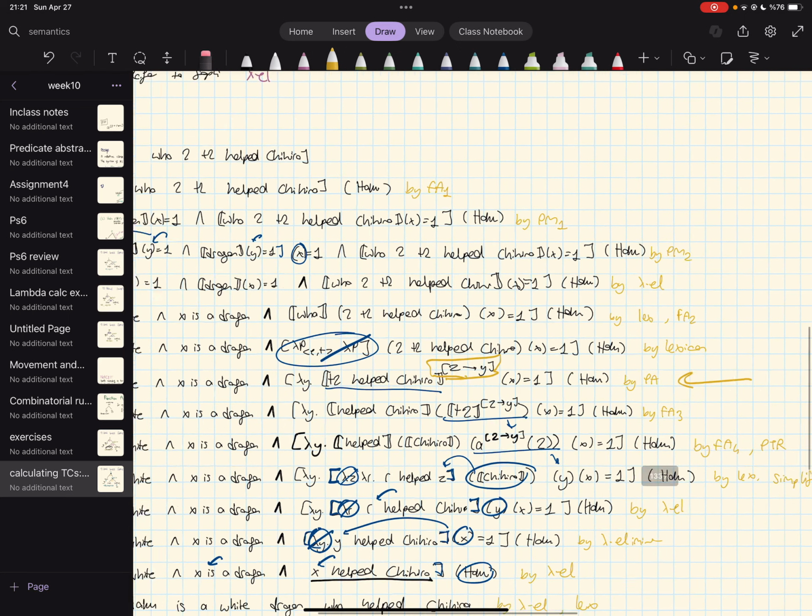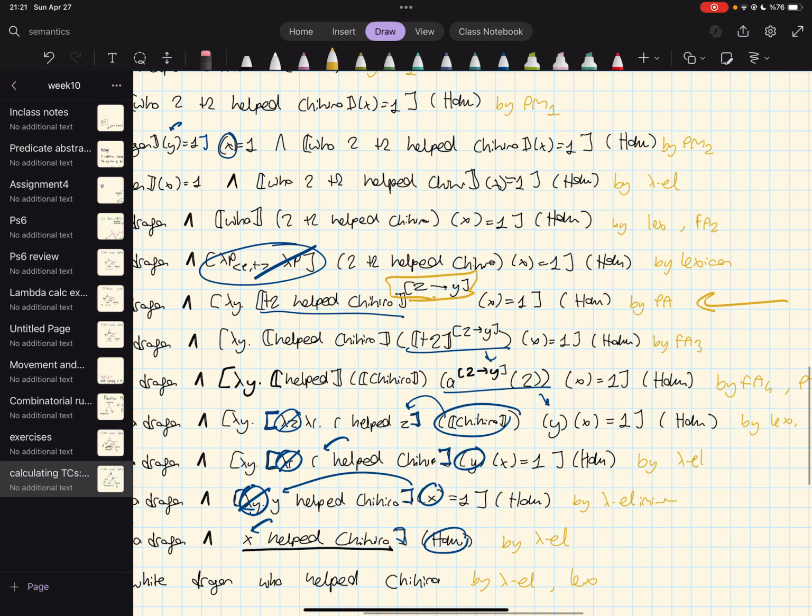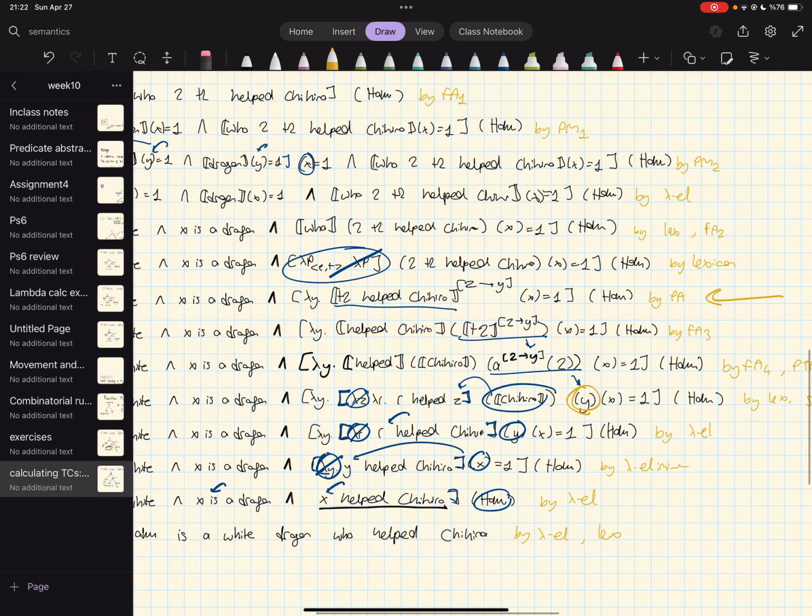And then we had to use PTR to get rid of the 2, and we assigned the mapping 2 to y for the domain of A, which takes 2 as the input, and then it will return y, because this is the only job it does. It returns y when it takes 2 as the input, therefore it just turned into y, like you see here.